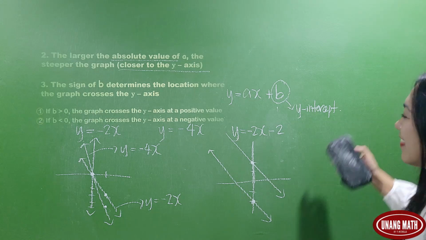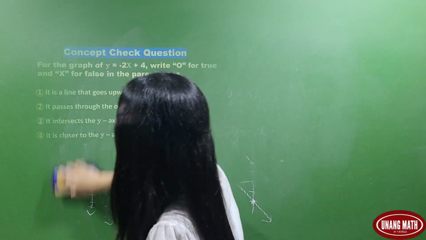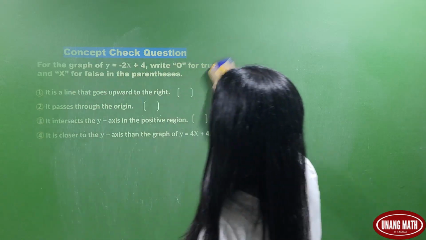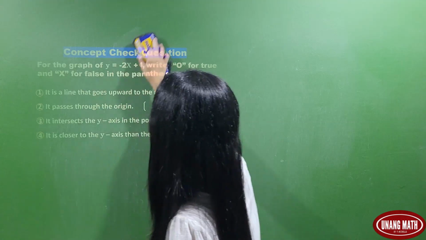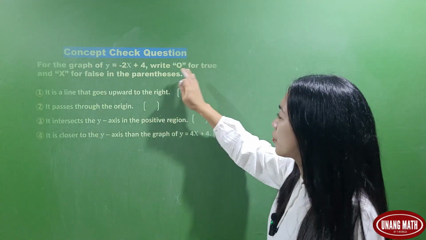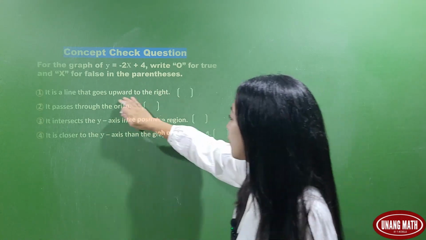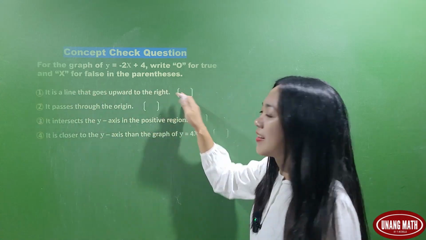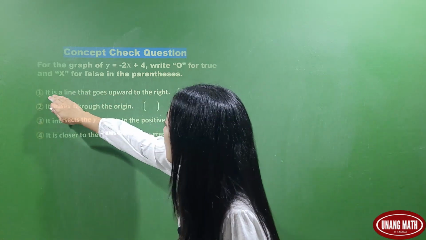Okay, this time, for another example, let's answer this concept check question. For the graph of y is equal to negative 2x plus 4, we are going to write 0 for true and x for false in the parentheses. Let's start with the first number here.